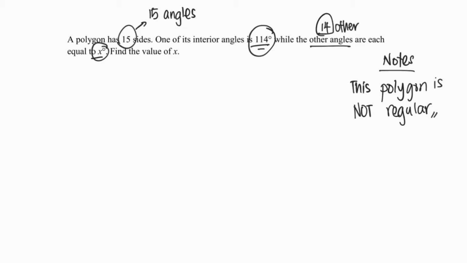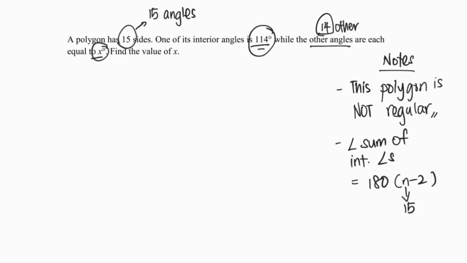Okay? The next thing is the sum of interior angles is equal to 180 times n minus 2. Correct? And now we know the number of sides is 15.